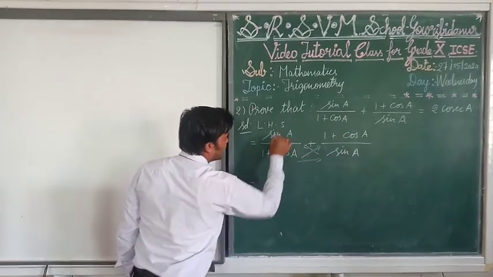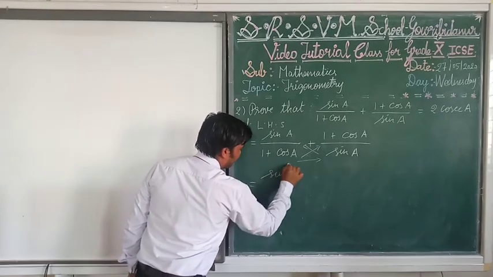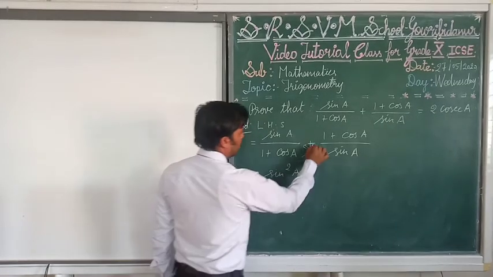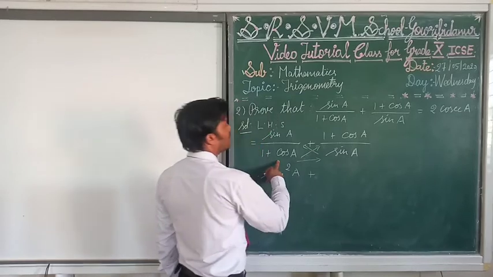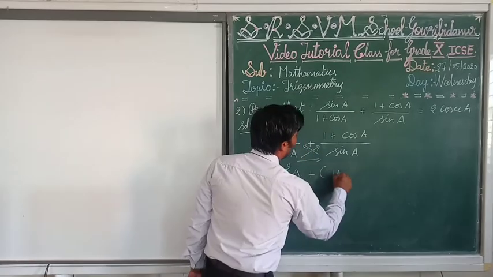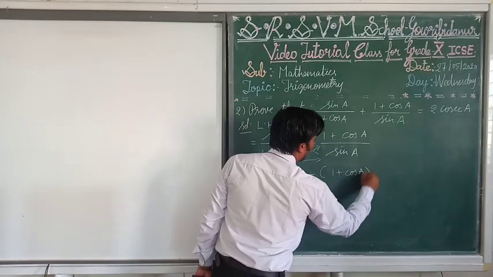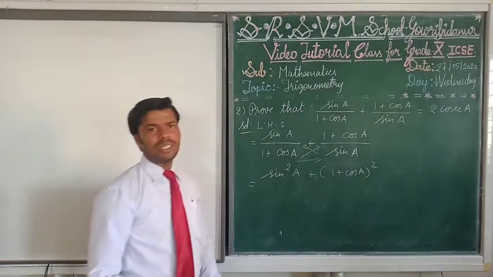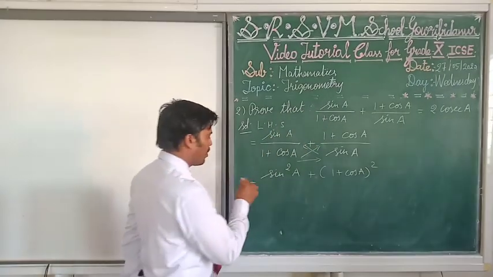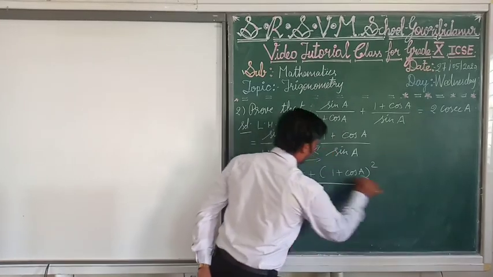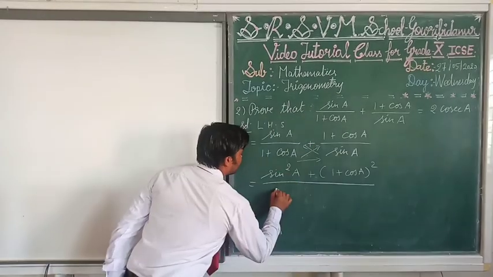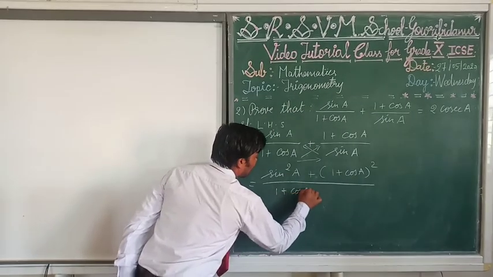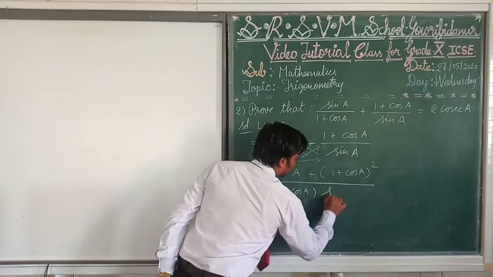So sin A into sin A, sin square A. In the middle plus is there, plus 1 plus cos A into 1 plus cos A, 1 plus cos A whole square, whole divided by 1 plus cos A into sin A.